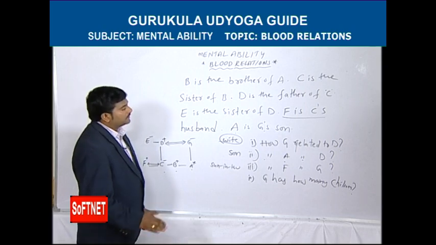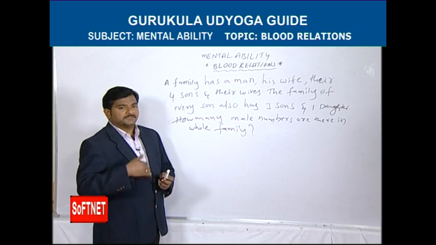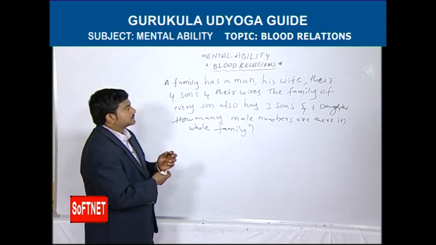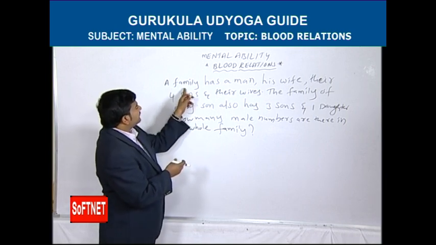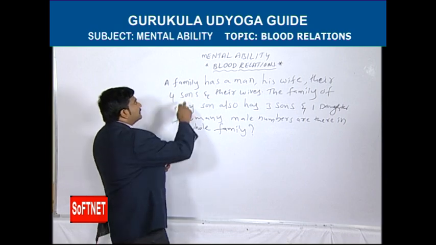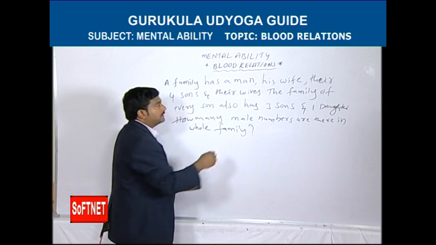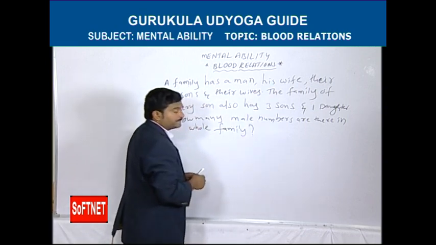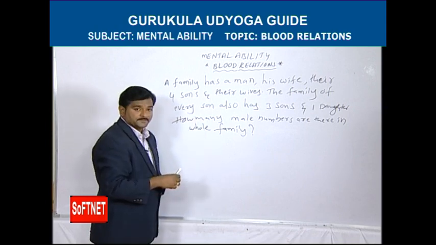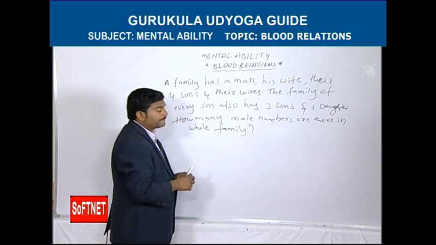Now I will take another model in blood relations. This is also a different question. We will discuss what he asked to find. A family has a man, his wife, their four sons and their wives.